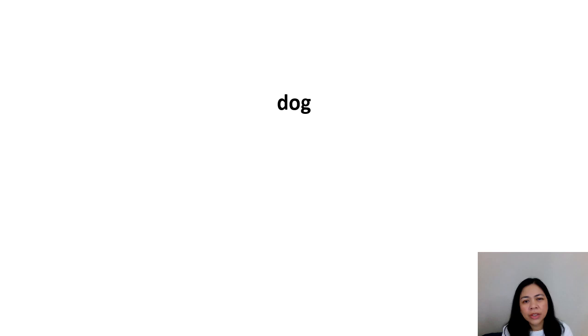So, for example, for the word dog, when we're asked, what is the beginning sound of the word dog, most children who are around 5 to 6 years old can already isolate that the beginning sound is a letter D, with a sound D. But in dyslexia, they do have a difficulty in separating these sounds and correlating them to the written letters.